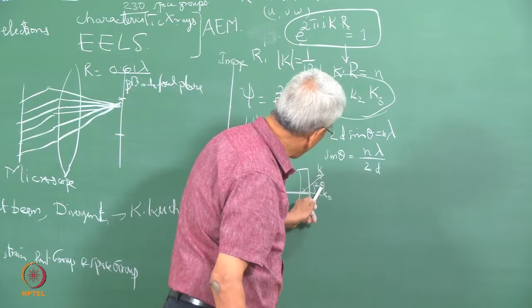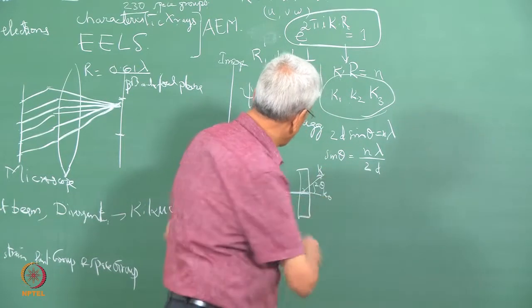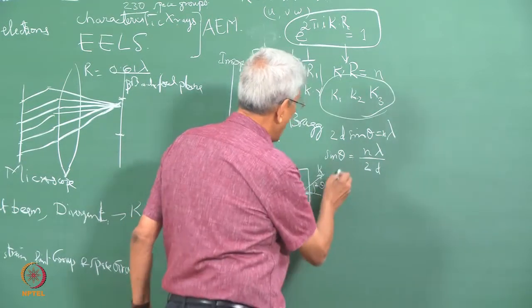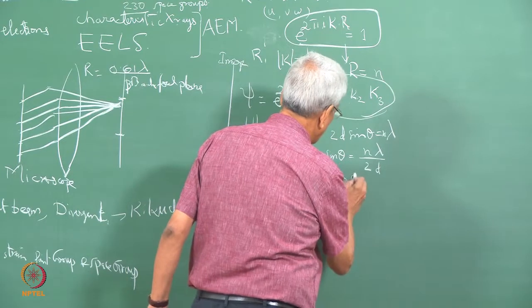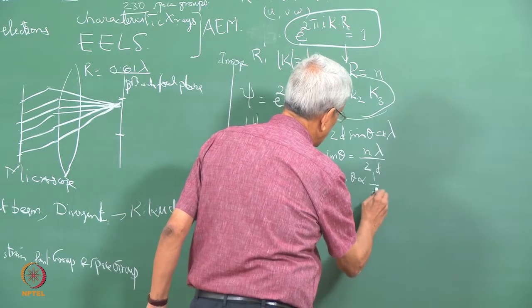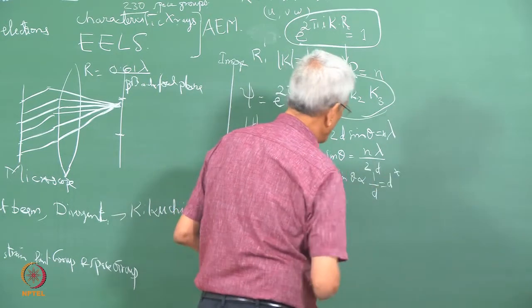And if Bragg diffraction takes place, then sin theta should be related to the d-spacing of these planes, or we can say that sin theta is essentially proportional to 1 by d, which is d star, the reciprocal space.